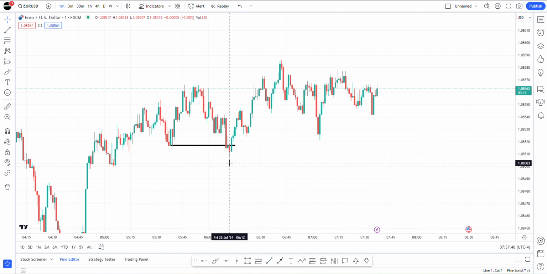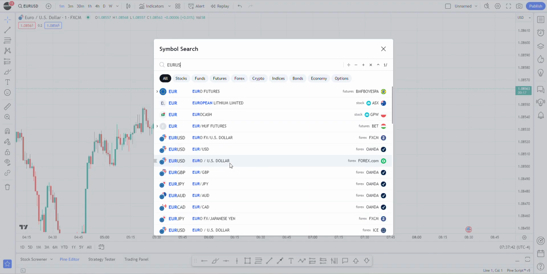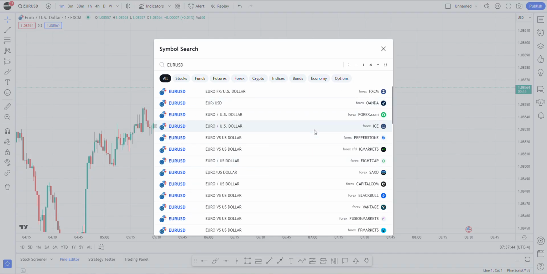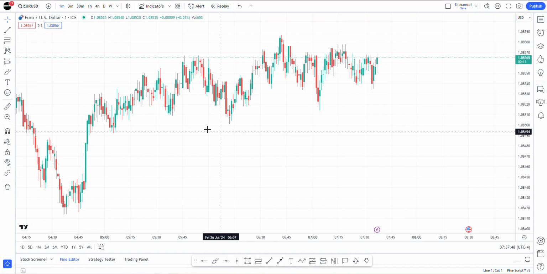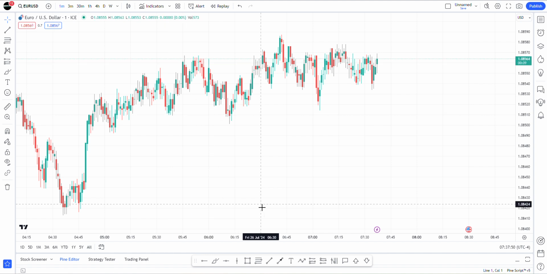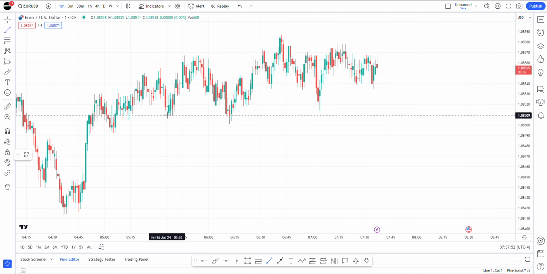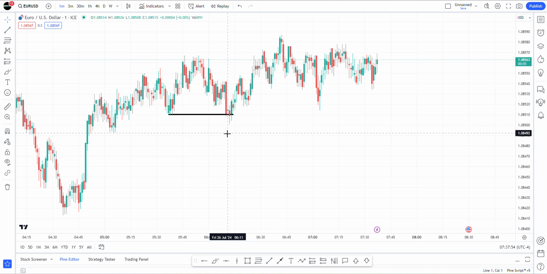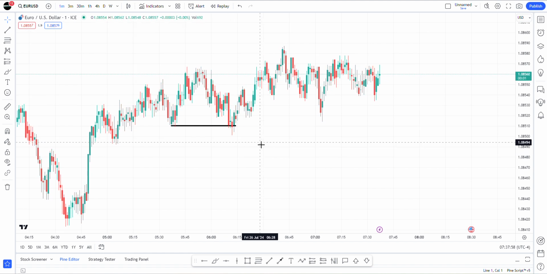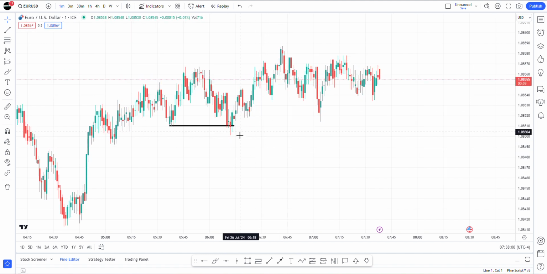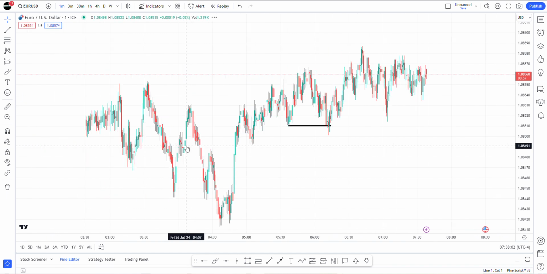So let's do 612 and let's look at 612. So it's the same. It's the same feed, but there are small, very small differences in what the data feed is actually giving you.